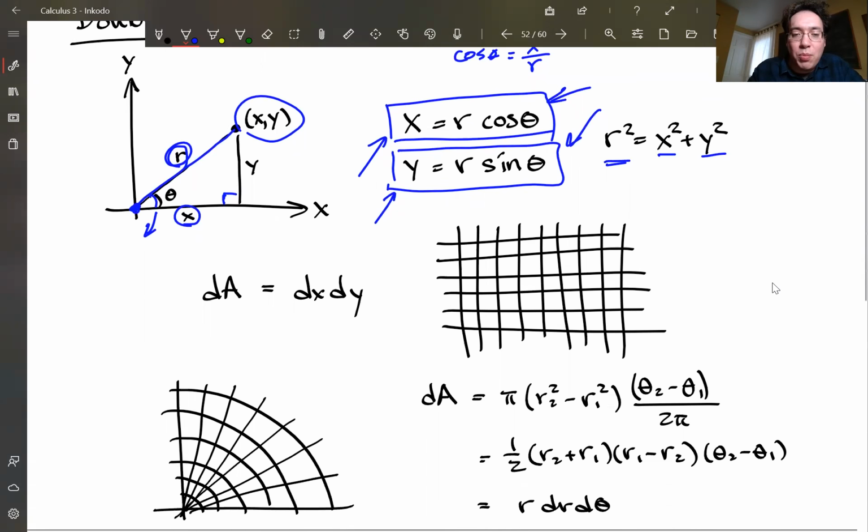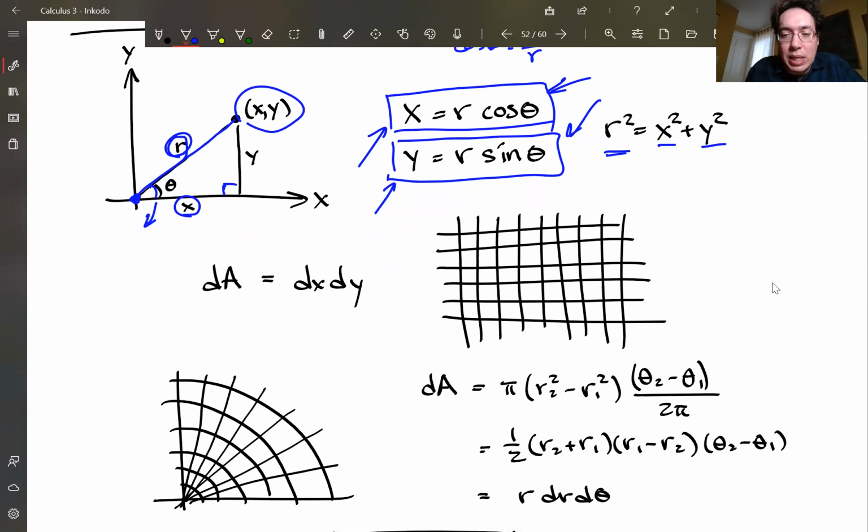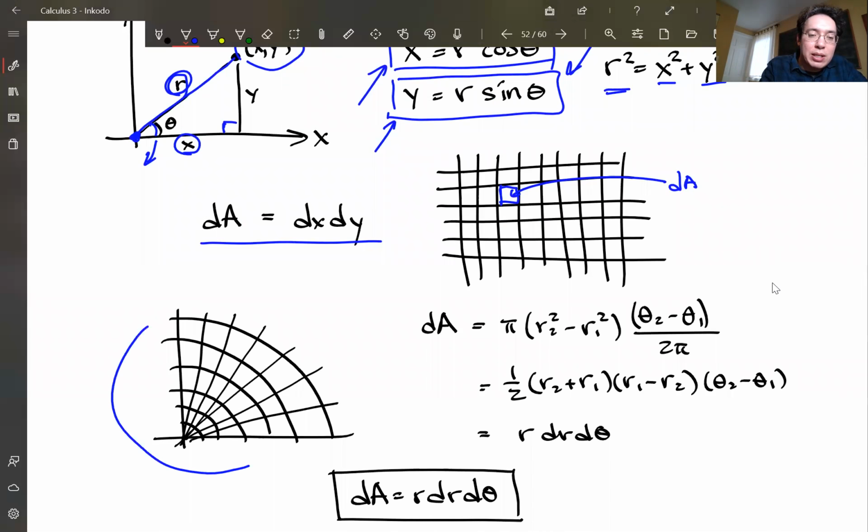When we're using variables x and y, you could imagine two-dimensional space being chopped up into a rectangular grid, as I did in the drawing before. I'm going to think of this as dA. This little area element is the change in x multiplied by the change in y. It's a little rectangle, base times height. When you're doing it in polar coordinates, I want to divide up the region in a mesh like this.